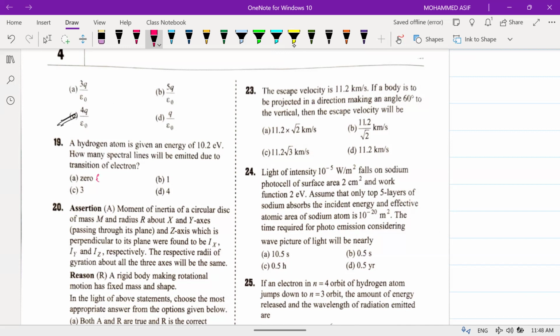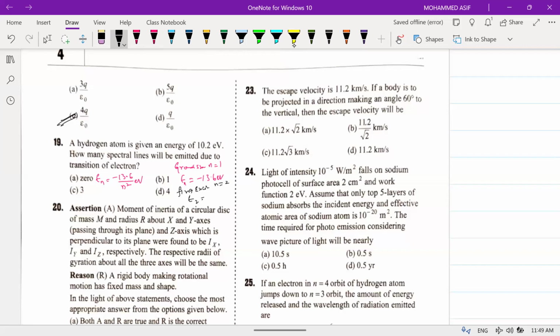What is the energy of the nth orbit formula? Energy of nth orbit is equal to minus 13.6 divided by n square, in electron volt. Now for the ground state, what is the energy? For ground state, n is equal to 1. Energy will be equal to minus 13.6 electron volt. That is the initial energy. For the first excited state, n is equal to 2.